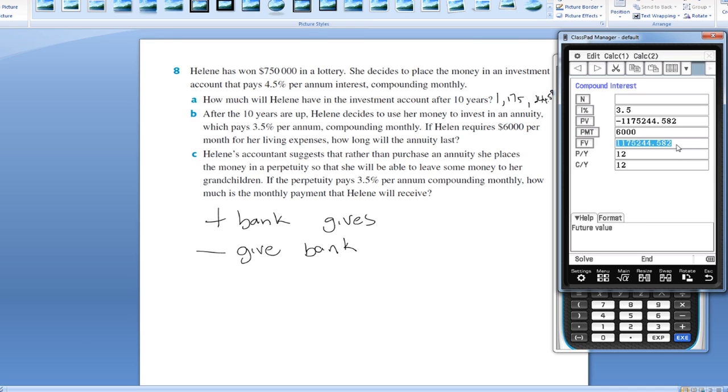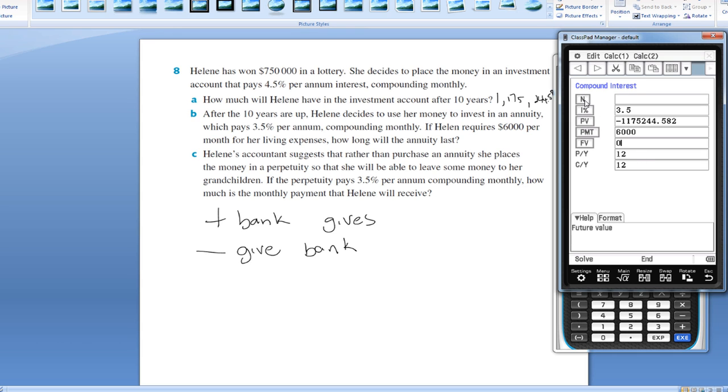Okay, now what is clear from this question is that the 6,000 a month she's taking out for living expenses will deplete this $1 million, and so what we want to do is find out how long it will last, basically, how long until the future value of this $1 million is $0. Okay, now we're just checking that we're still on a month split on the interest, which we are.